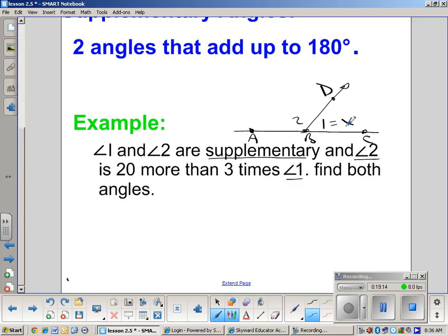So we want to show 3x and then do what with it? Add 20. Yes, 20 more than that, so I add 20. Some of you might say, well, can I write 20 plus 3x? Yes, you can, especially since it's a plus sign. Usually more than means that we put the plus 20 at the end, but it's not wrong if you said 20 plus 3x.